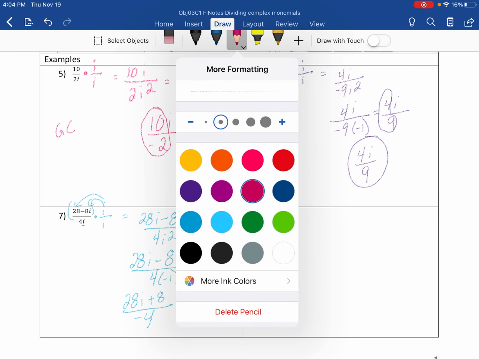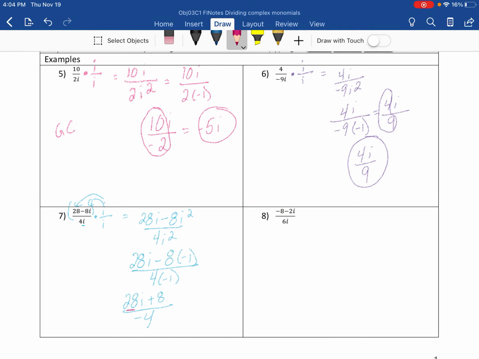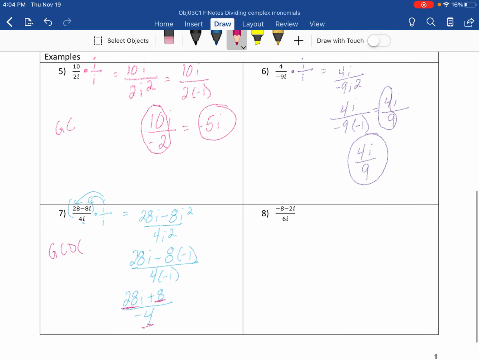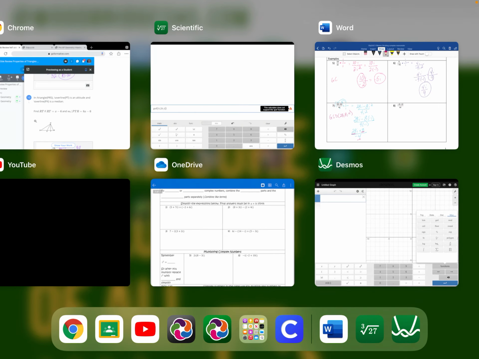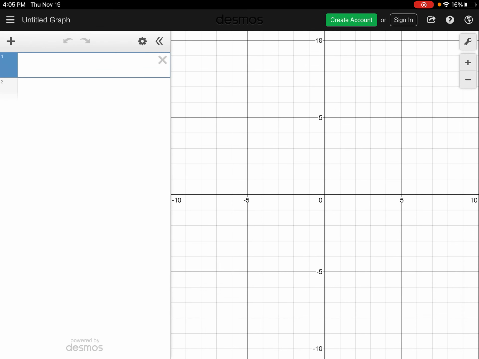Now I look at all three of my terms. I look at my 28, my 8, and my 4. You need to find the greatest common factor. So you're going to put GCD in the Desmos graphing calculator. I'll show you, this is just for people that don't know how to find the greatest common factor.